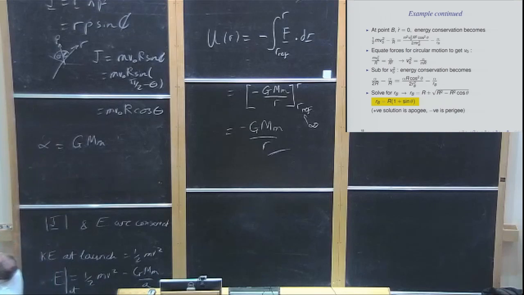This gives us an expression for V0. So putting all this information together will give us a quadratic expression for rB, which is the perigee.